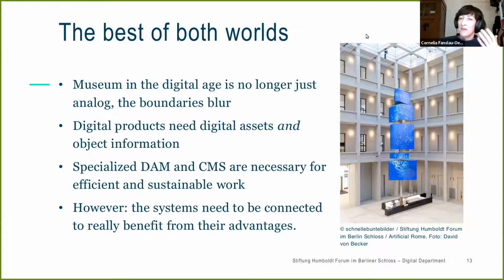And we have the digital assets, of course, in the DAM, and the object information in the collection management system. And we have to combine them to make a good product. And of course, as we have learned in the last year, it's really necessary to have a specialized DAM and to have a specialized collection management system to work efficiently and sustainably.